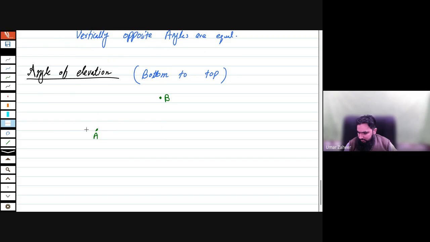So you just have to see it in front of you, exactly at eye level, and from there you look above. This is the angle known as the angle of elevation.